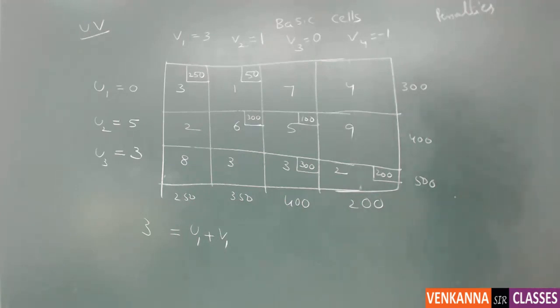Penalties will be indicated symbolically as Pij or delta ij, also called the improvement index. The formula is ui plus vj minus cij, or you can take the difference the other way. Both are acceptable.